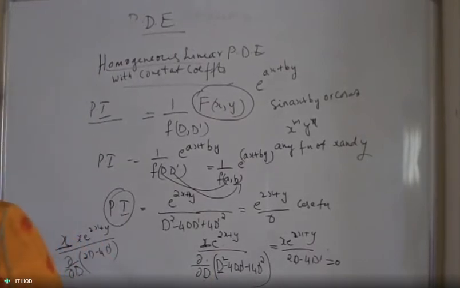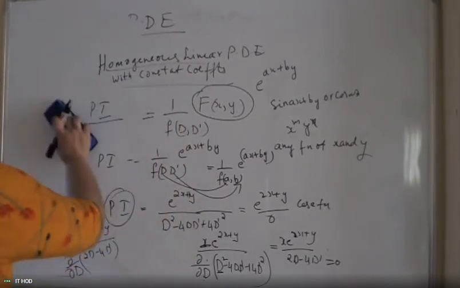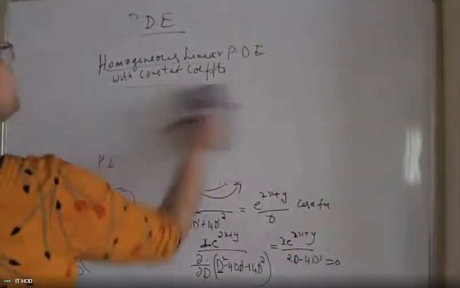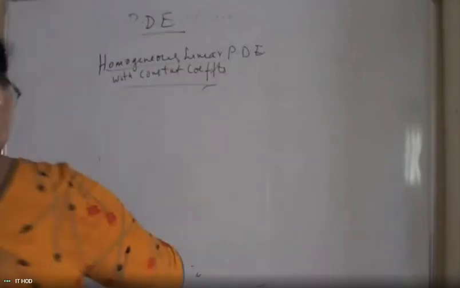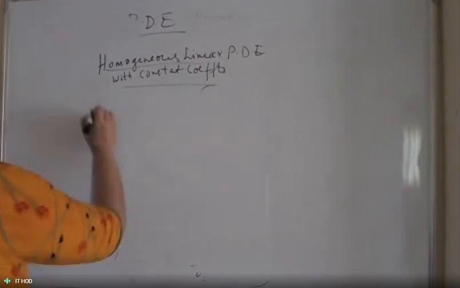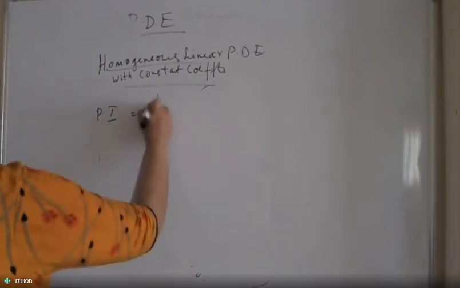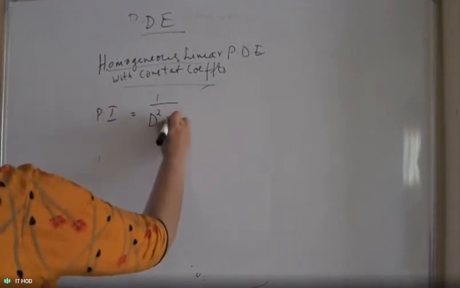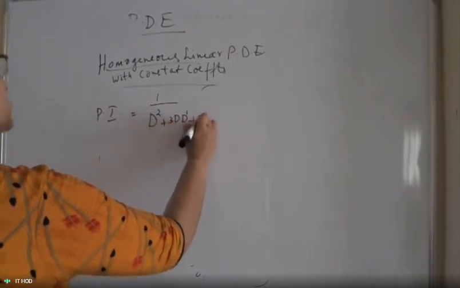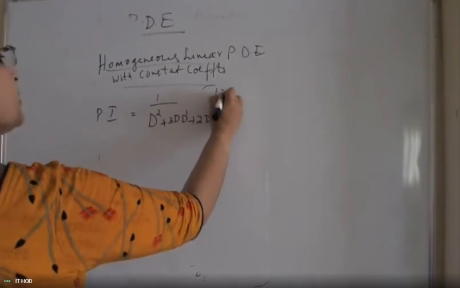Now the next part is this 12xy here. Next is if you are getting like this one, PA is equal to 12xy, 1 by D square plus 3DD dash plus 2D dash square into 12xy.